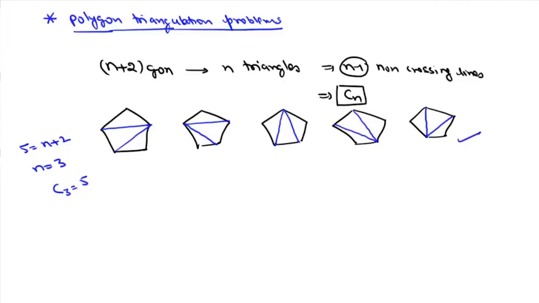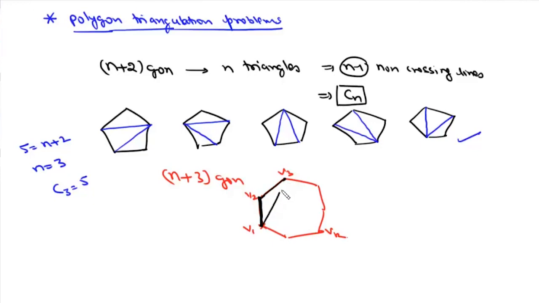Now in order to prove this, we'll consider an n plus 3 gon and let us say the vertices are v1, v2, v3 and some vk. Now let us choose this v1, v2. If we choose this third vertex, then we are left with this problem in which we have to triangulate this.